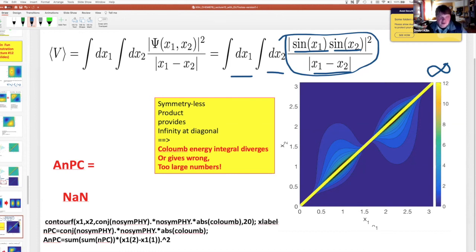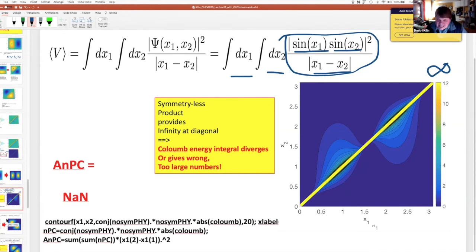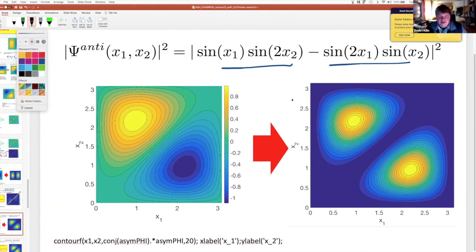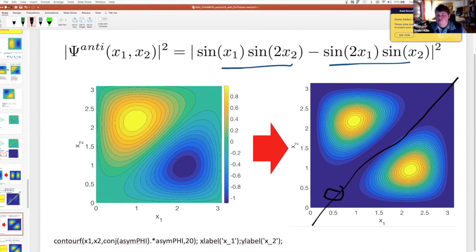Now, if instead of the product, I take this antisymmetric wave function, please follow me in noticing that on the main diagonal of this thing, there is 0. If here is the wave function, and if I take the wave function absolute value squared, which is needed for the matrix element, still on the main diagonal it will be 0.